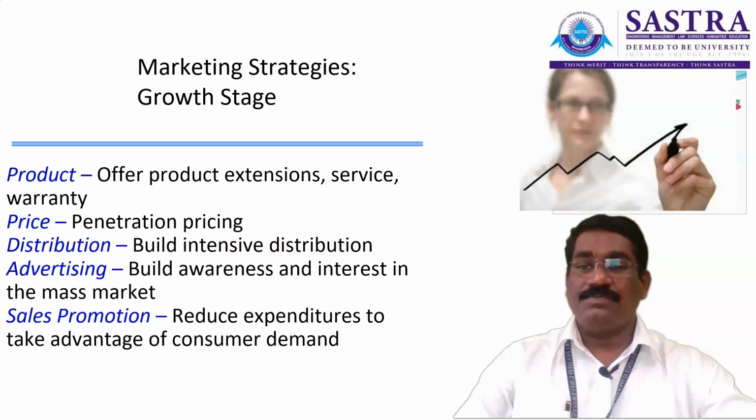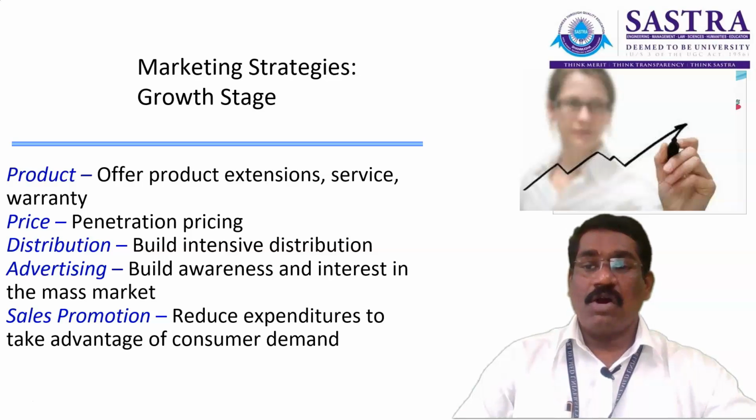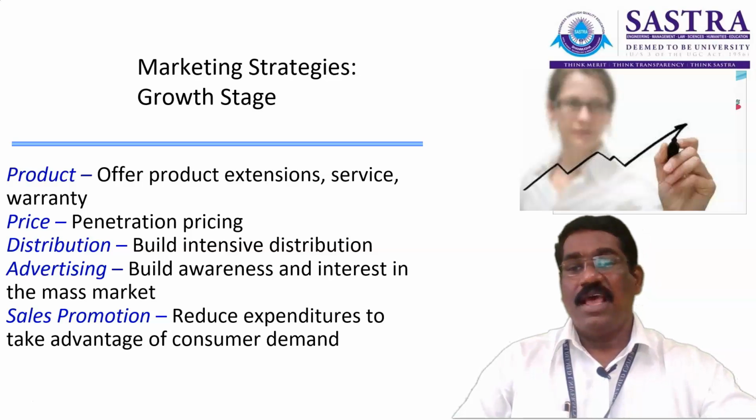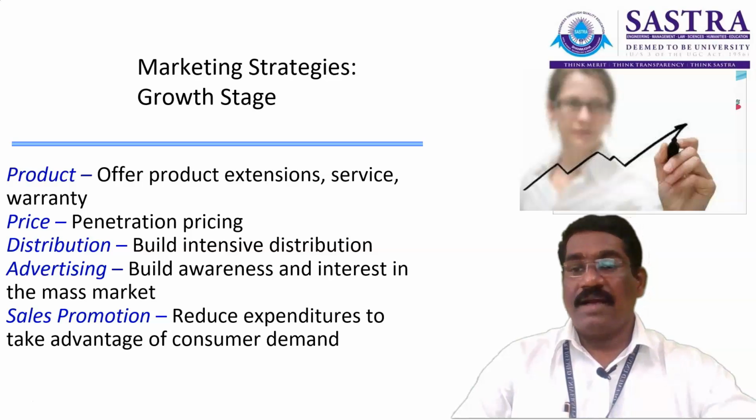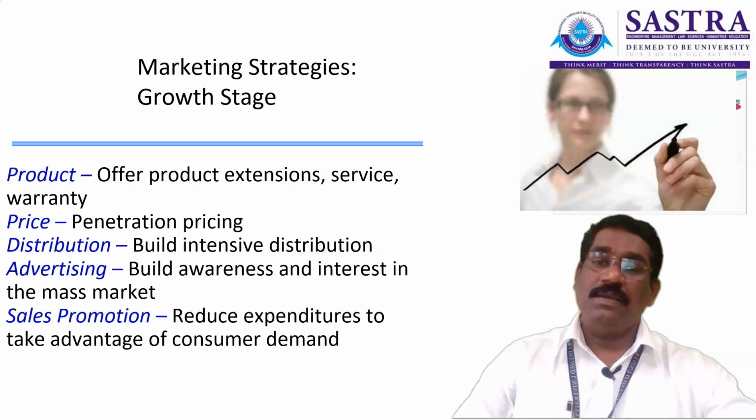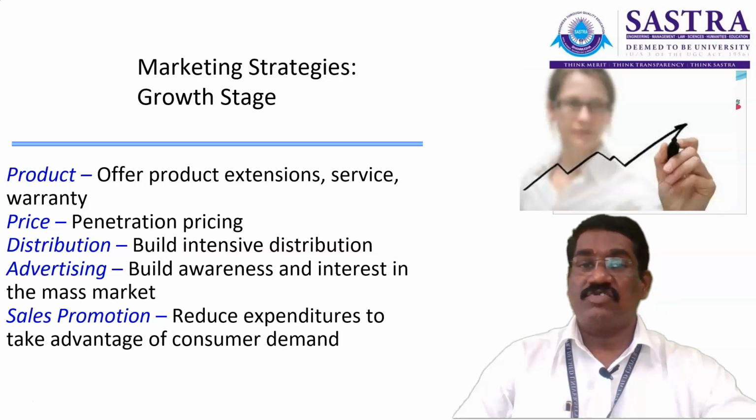Next, if you look at the marketing strategy involved in the growth stage, we talk about the product. We try to offer product extensions and service warranties and guarantees in order to gain more customer base and market share. In terms of price, we try to reduce the price and use the penetration pricing strategy.